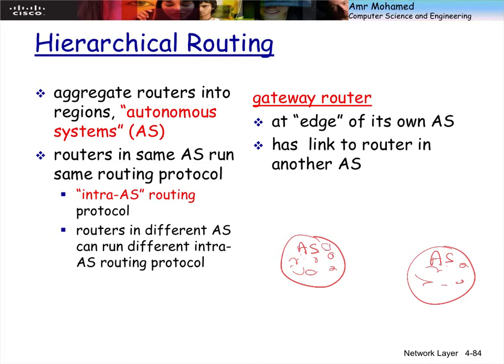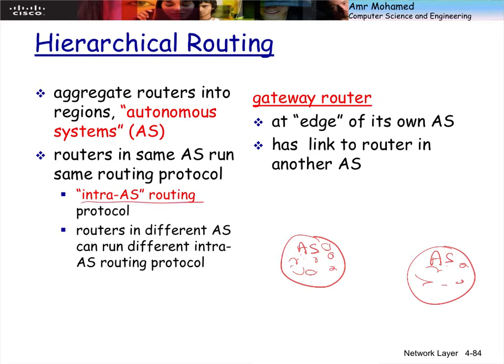Okay? So each of these routers will have their routing table to perform the forwarding based on the knowledge inside that autonomous system only. So all route updates that we talked about will be only within the domain of the autonomous system. That's it. Okay?